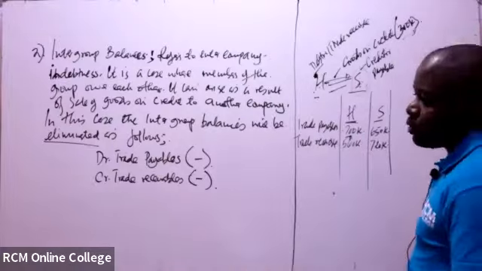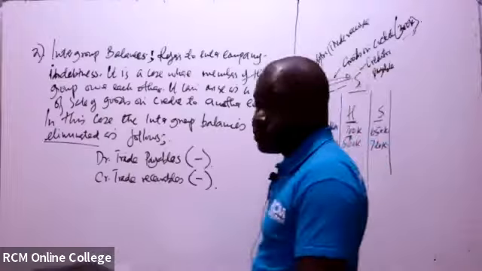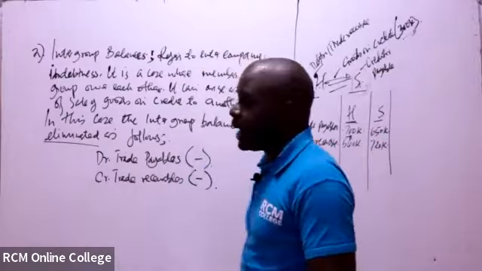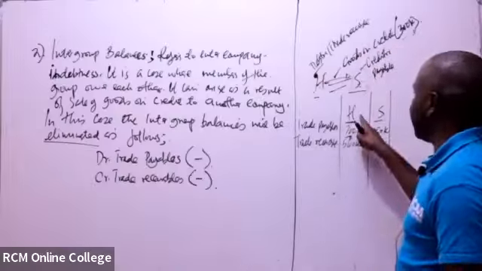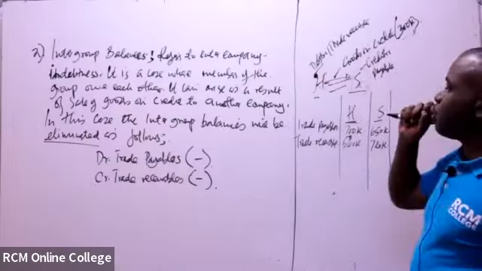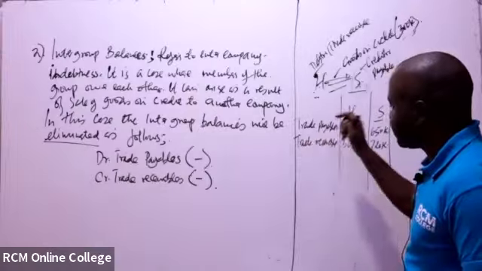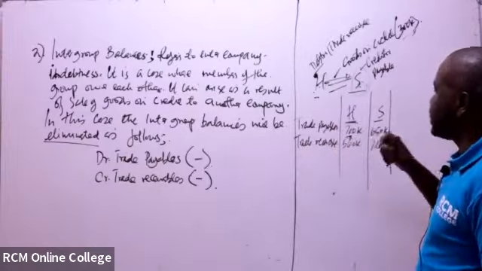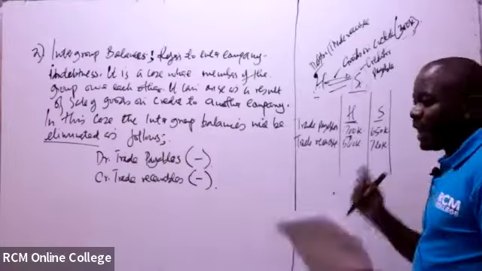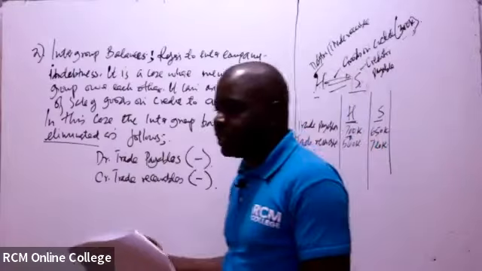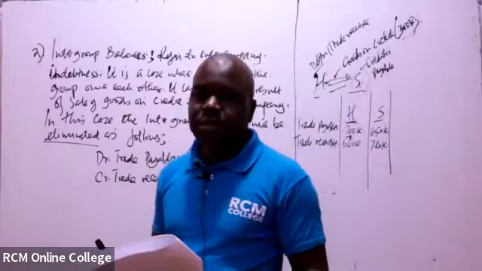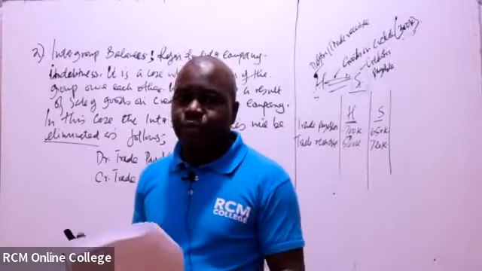When you talk about consolidating, which is what you are learning, you combine the books of accounts of the holding company and those of the subsidiary. For the statement of financial position, you add the items line by line. If it is assets, you add them line by line and put them together.